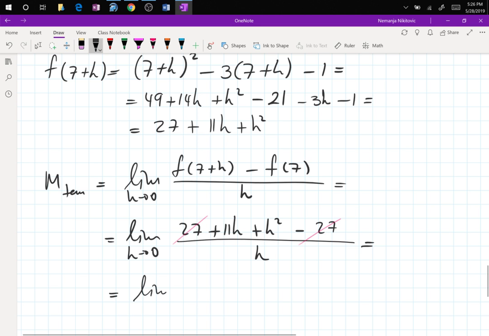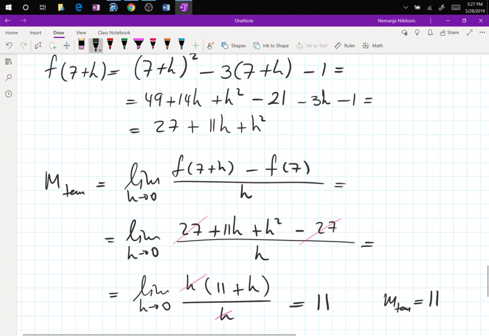And we factor out h to cancel in denominator. We have 11 plus h in parentheses. Now h dies. And when h goes to 0, we just get 11. So m tangent is 11 this time around.